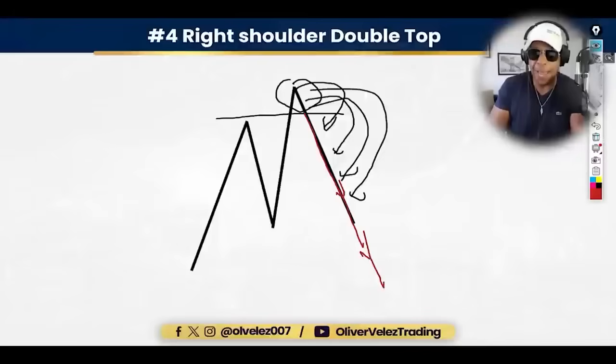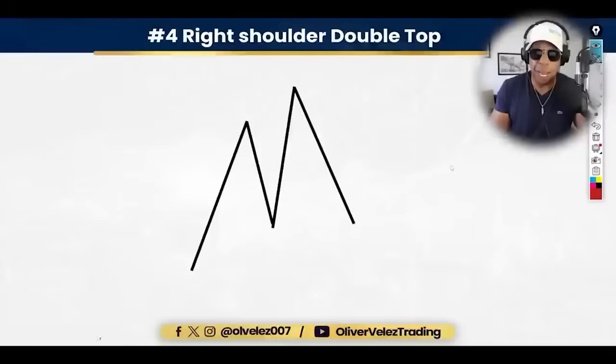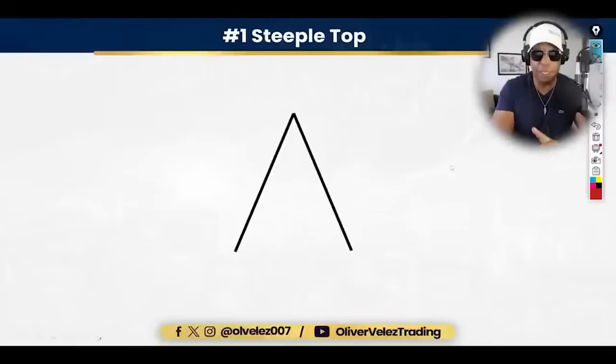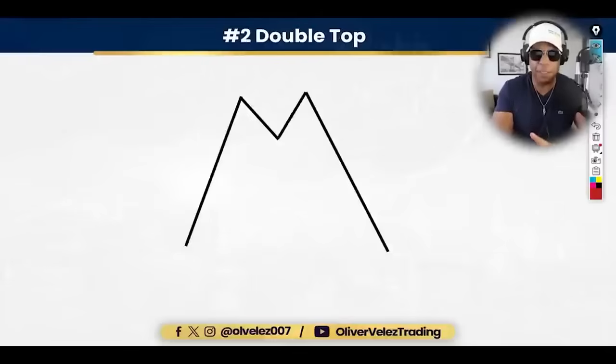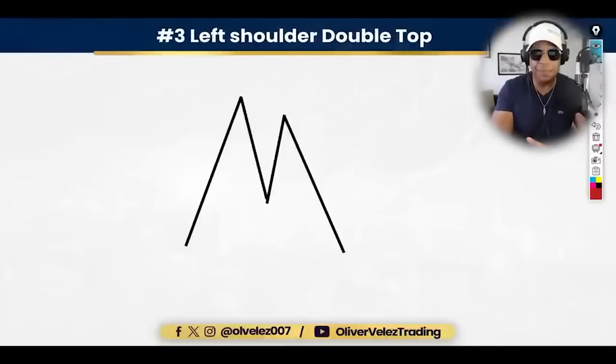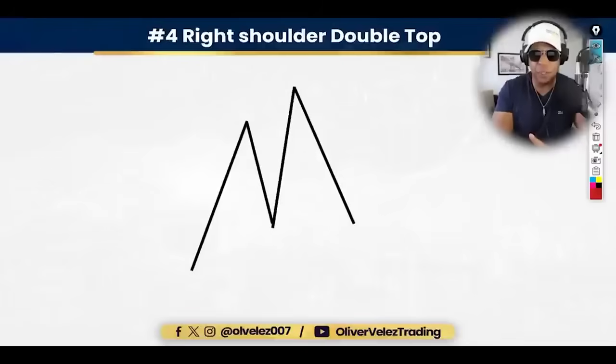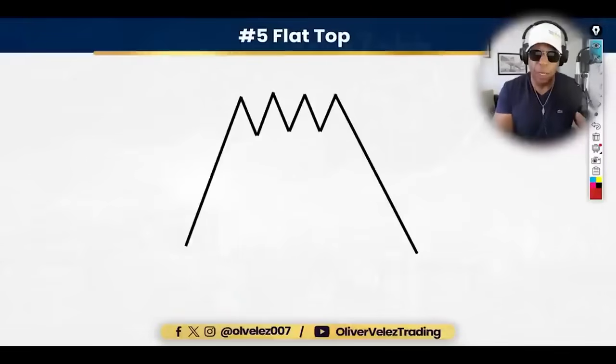All right? That is right shoulder top. So once again, you've got the steeple top, you've got the double top, you've got the left shoulder top where the left shoulder is the highest, and you've got the right shoulder top where the right shoulder is the highest.